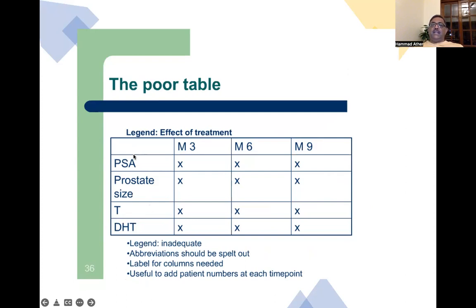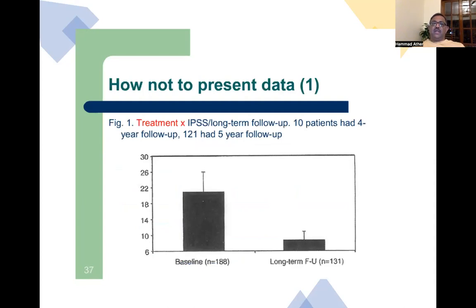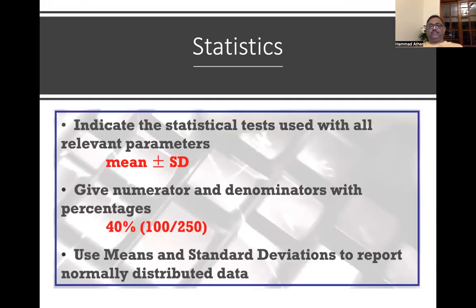So you have to write the description as if the reader is not really aware of those. Sometimes these abbreviations are not very standardized either, so you have to describe them. Again, a poor quality table, and this could easily be represented in less than a sentence in the text format.